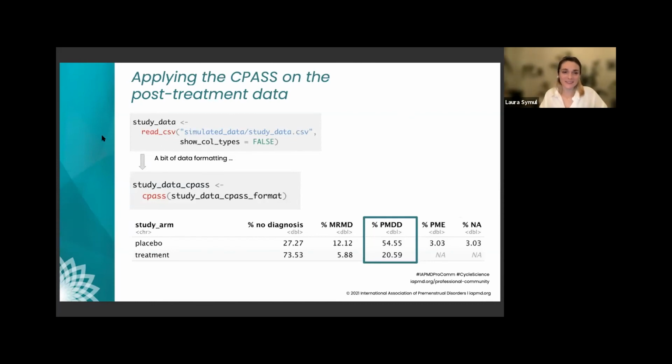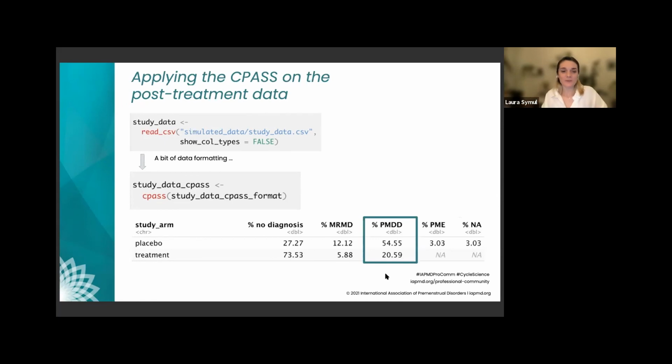And I simulated the data such as to give us some hope that the treatment and the placebo, first of all, both of them had an effect at reducing the percentage of PMDD because we started from 50%, but then in the treatment arm, there were fewer people who met criteria for PMDD after the treatment. And so that's the results we all hope for.